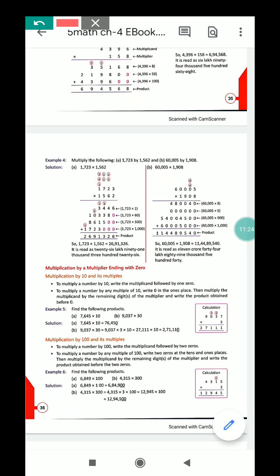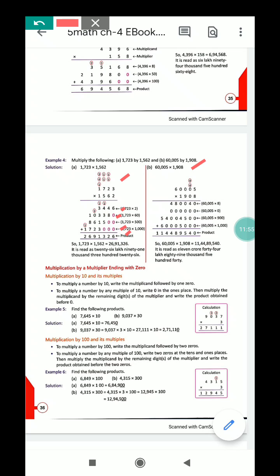Multiplication of the number A is 1723 multiplied by 1562. Similarly, we will do the calculations. Simply multiply, then add these numbers 1 2 3 4, all the 4 numbers, we will get the product. Now here in example B, 60,005 into 1,908.